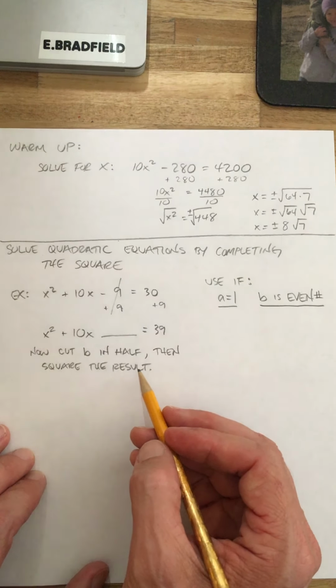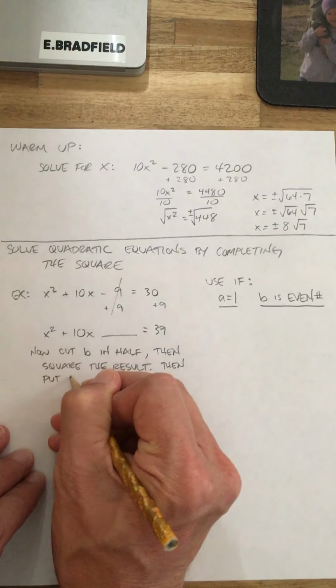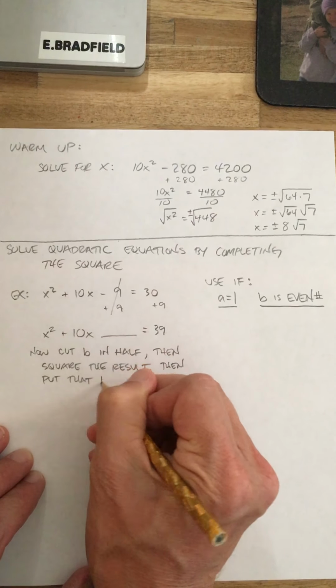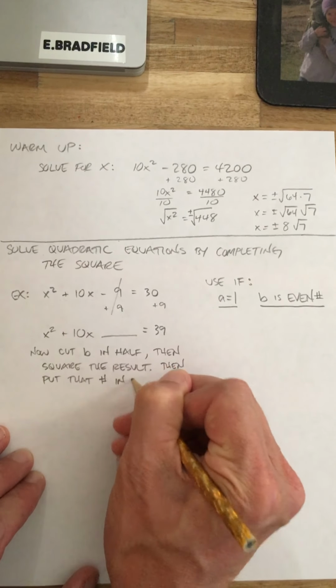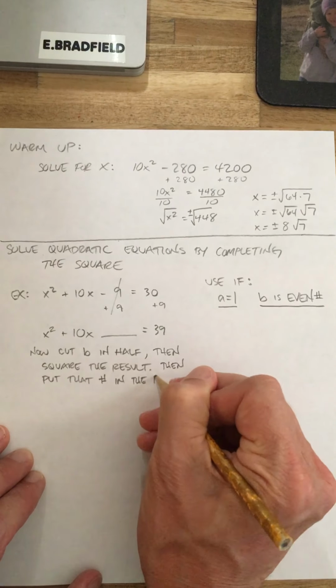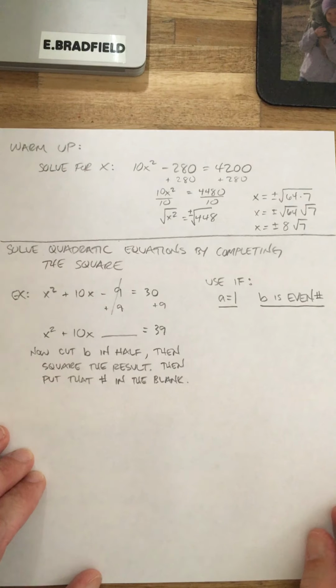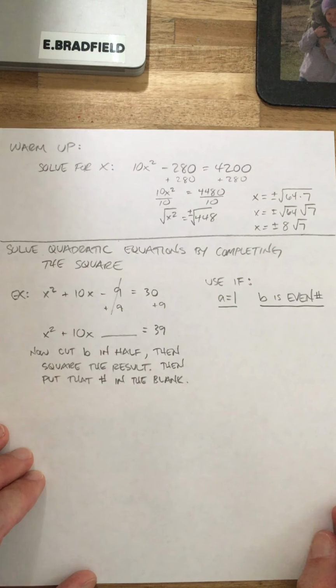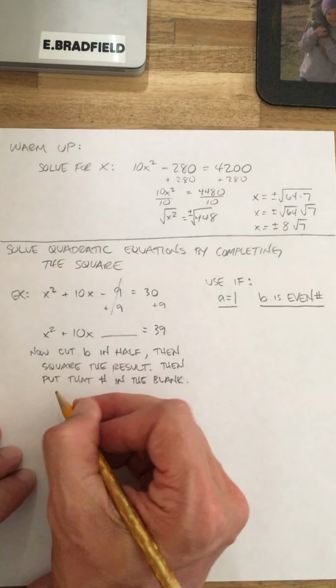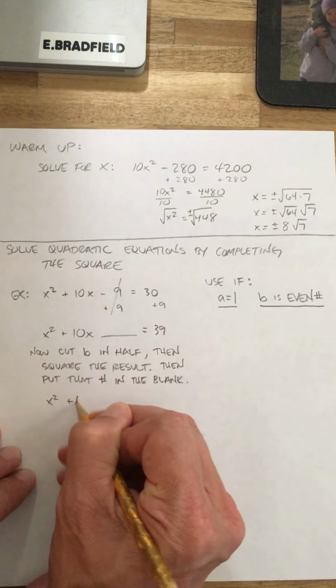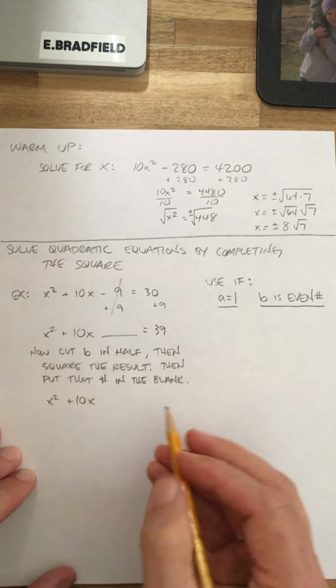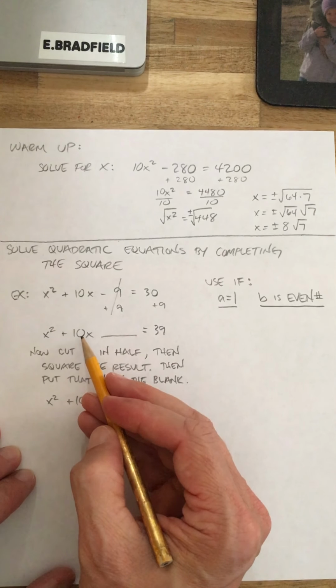Then put that number in the blank. That's the blank right there. Fill in the blank. So here we go. We now get x squared plus 10x. Cut the 10 in half, that's 5.